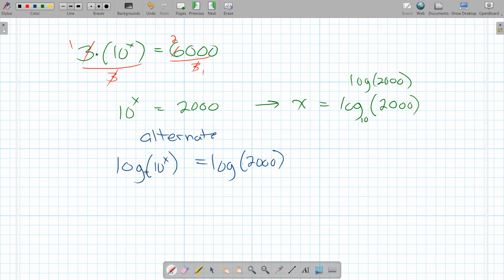And what does the log tell us about something? It tells us the power. What power do you see here? Well, I see x. That's what the log reports back. It says, hey, what's the power? Oh, power's x. Done. That's that side. The other side has the log of 2000, which I came up with a slightly different way there. And bottom line is now I need a calculator.